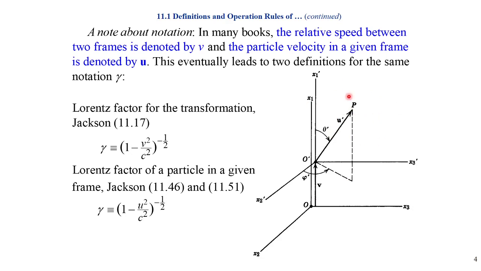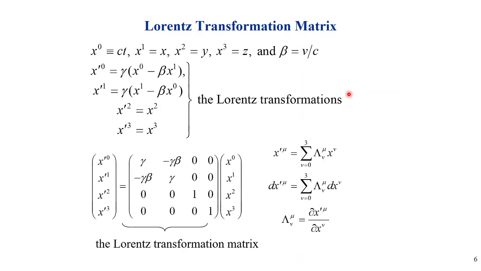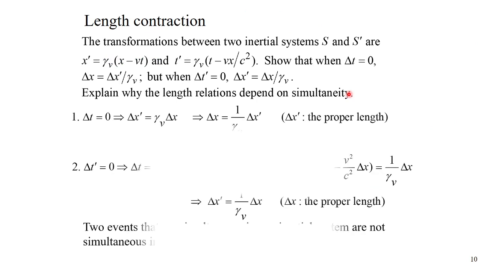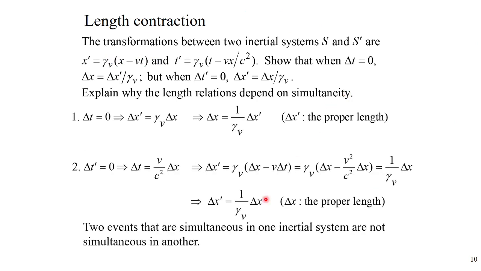And because of simultaneity, we will obtain that two events that are simultaneous in one inertial frame are not simultaneous in another. So it will be much easier to understand if I give you some gestures.